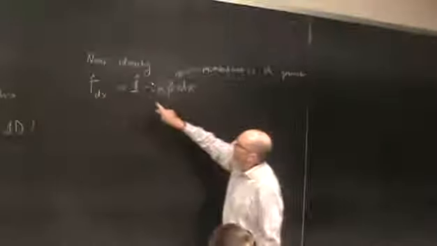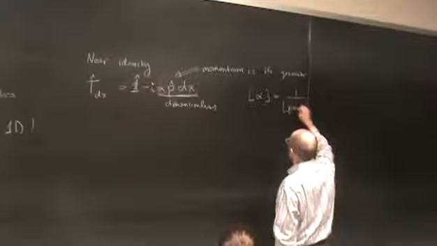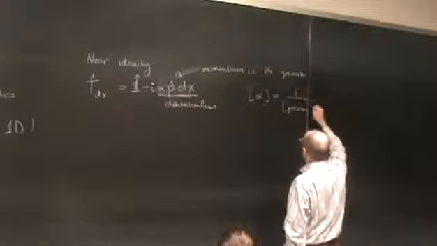Now this whole thing has to be dimensionless. It's just an operator. If this is the identity operator, the identity operator has no dimensions. So this whole thing has to have no dimensions. That means the units of this proportionality constant is 1 over the units of position times momentum.